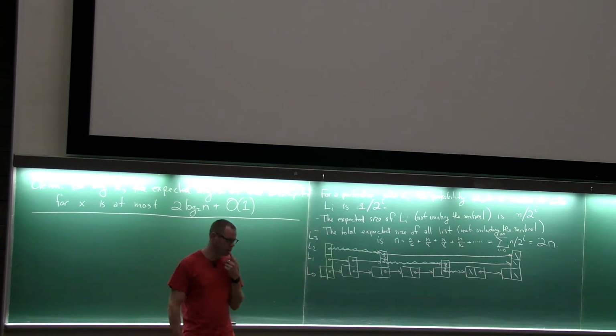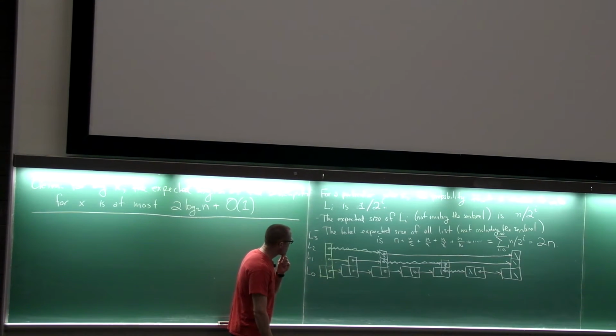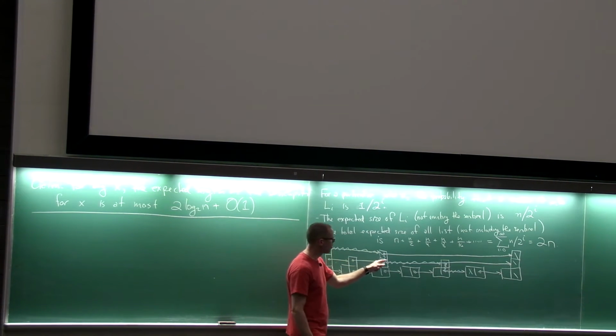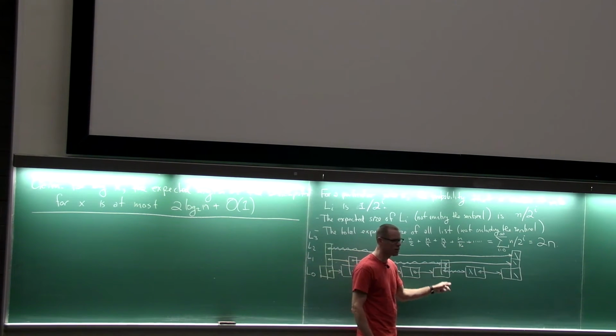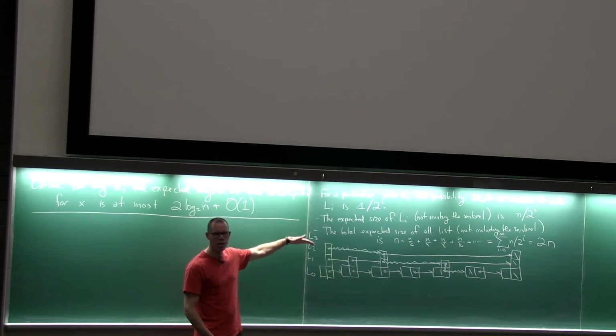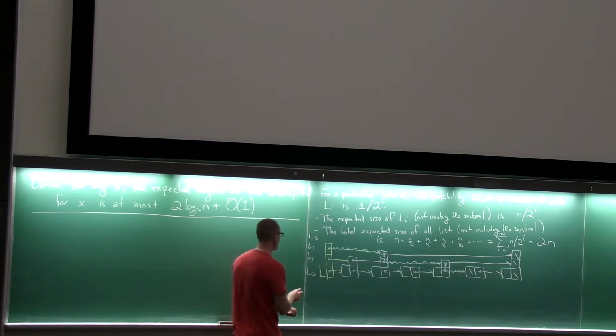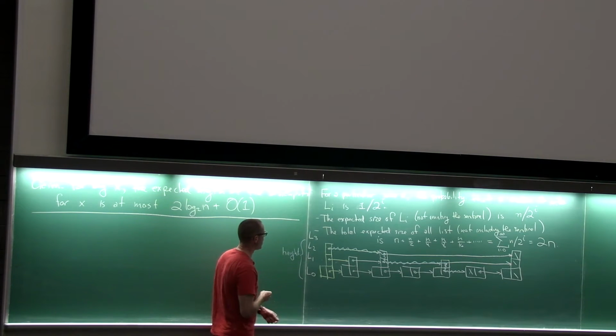And well, the search path only goes right or down, and it basically takes one step down at each level, including the last one. So really what we're asking is, how many levels are there in this structure? And so that's called the height of the skip list. In this case, the height is 2. There is no level 3 in this one.